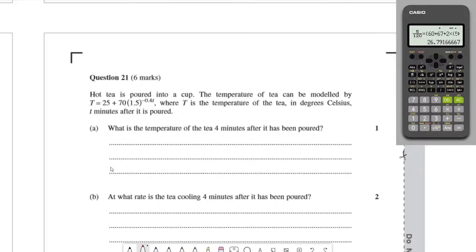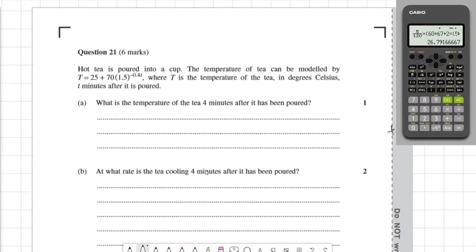Hot tea is poured into a cup. The temperature of the tea can be modeled by this, where T is the temperature of the tea in degrees Celsius, t minutes after it's been poured. What is the temperature of the tea 4 minutes after it has been poured?